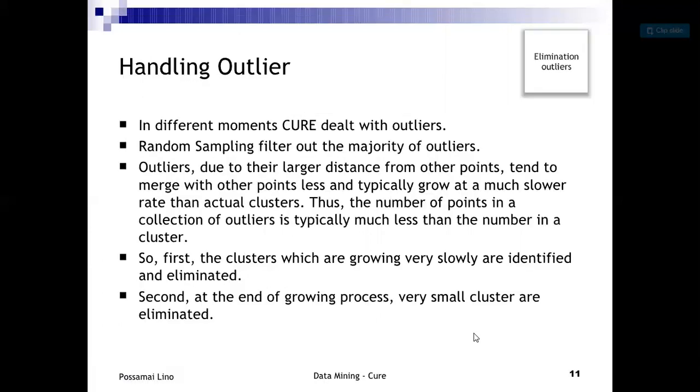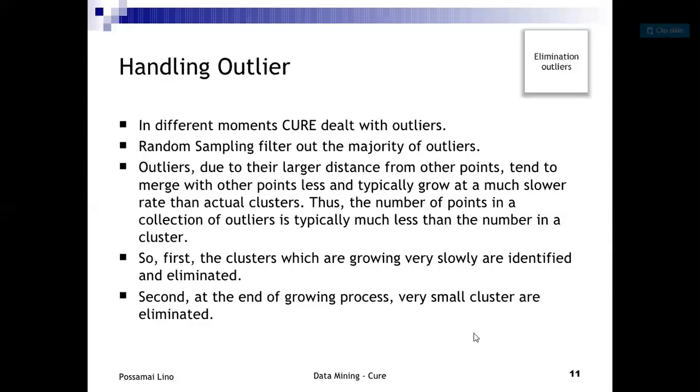Now the handling of the outliers. Suppose a point is far away from the rest of the points, then definitely fewer points will attach to it than to elements which are in denser areas. So if there is a point whose number of points in its proximity is less than the rest, then it is considered an outlier.